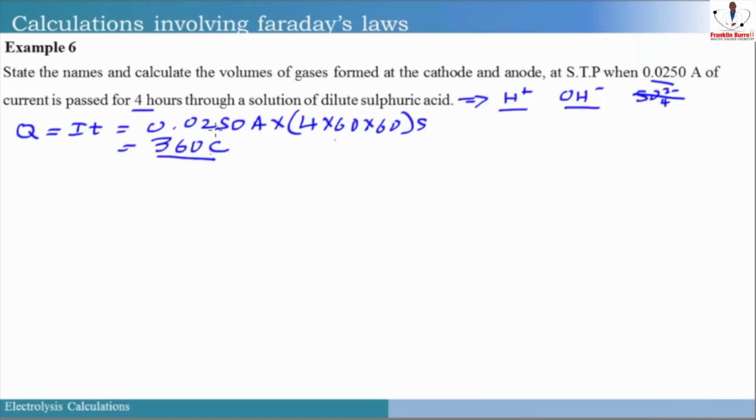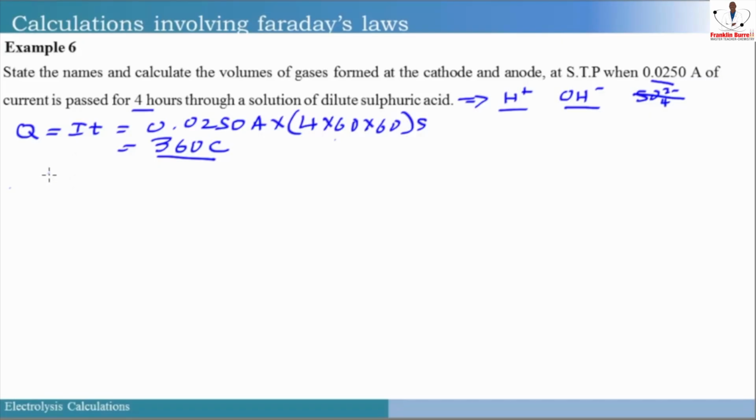Now, we're going to use this value to work out the volume of gas produced. Now, notice that we have STP here, which is standard temperature and pressure. Now, 22.4 is the volume produced per mole. So instead of saying the mass of 1 mole, we're going to use the volume of 1 mole. So the volume of 1 mole would be 22.4.